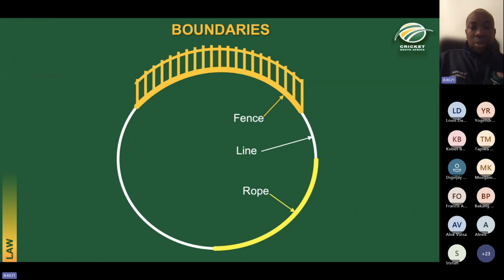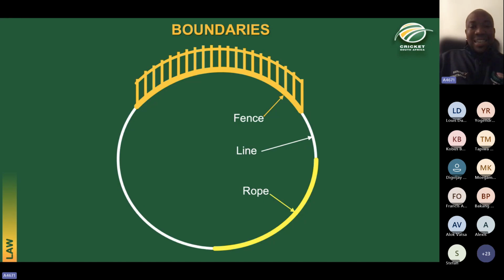If we have a rope on top of that line, then the inside edge of that rope is the boundary. That's why if you've ever seen a match whereby the ball is hit in the air and it lands on top of the rope, or if there are little advertising cushions, it lands on those cushions on the full, then that is considered a boundary 6.